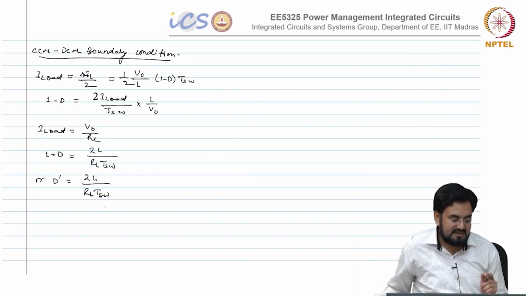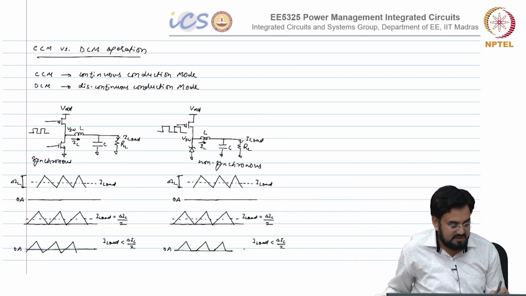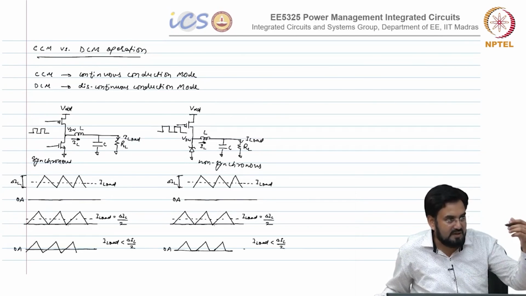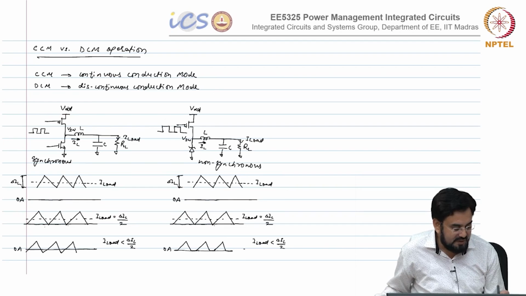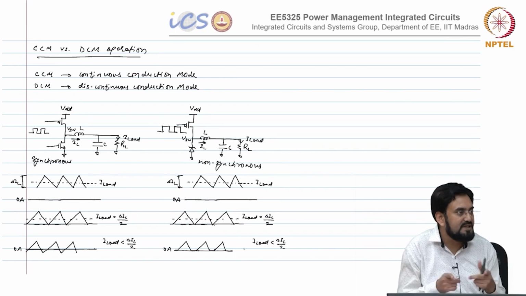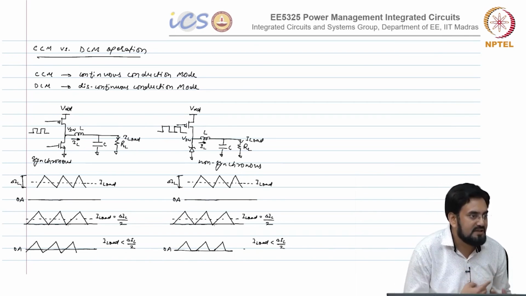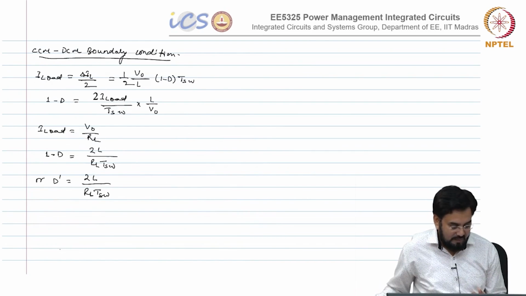So, what exactly will happen actually? You will be above the boundary, and as you reduce, you hit this point. So, what is happening actually, if you see, you do not allow this negative current, which means your off time has to be reduced to keep it in CCM. Okay.